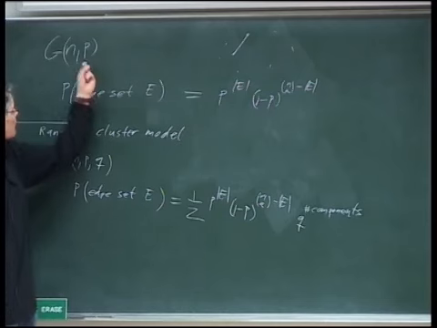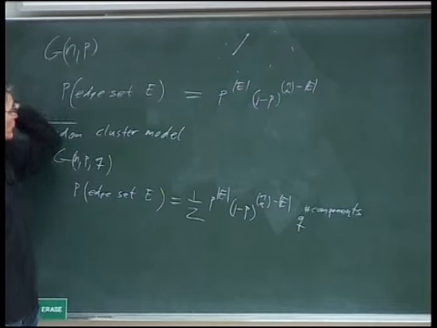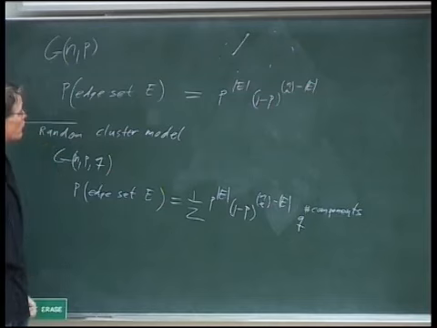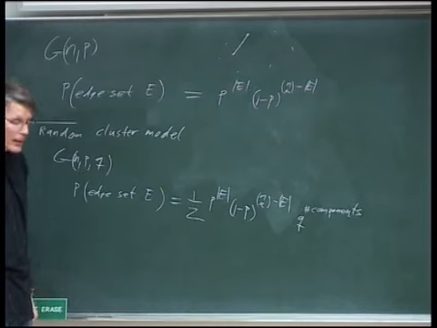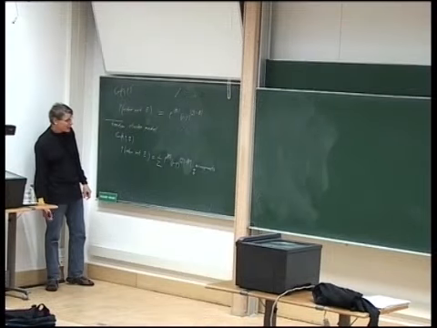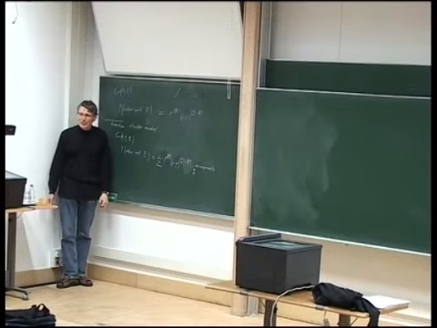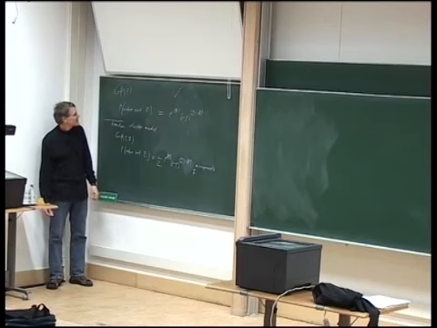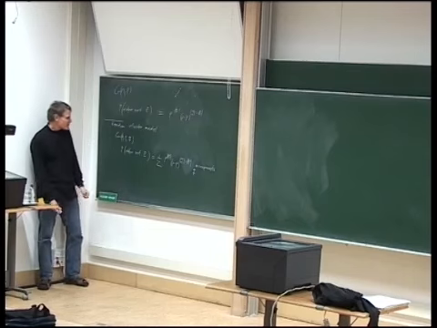You see that G(n,p), this standard random graph, is the special case when q is equal to 1. That corresponds to a Potts model with q equals 1, which means that you have only one choice for all your spins. So that's not very interesting for a physicist, but you'll see that there's a lot of mathematical interest in this model nonetheless.